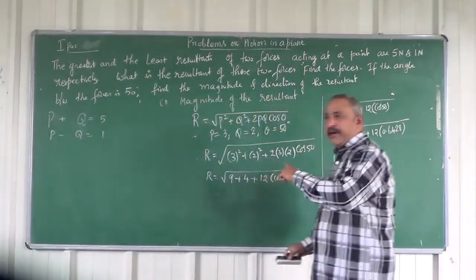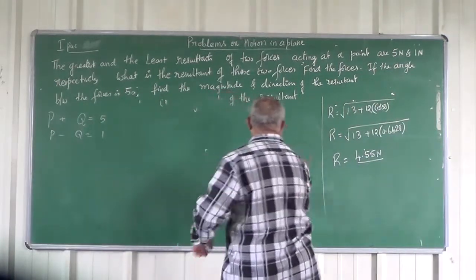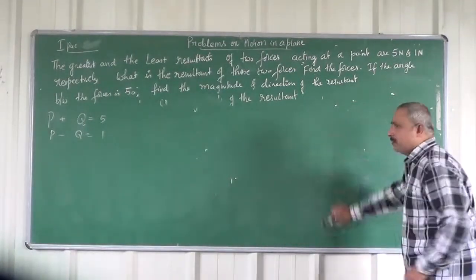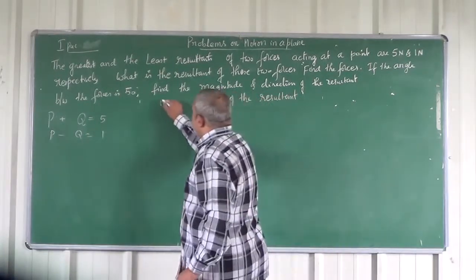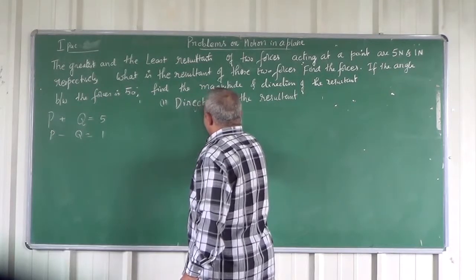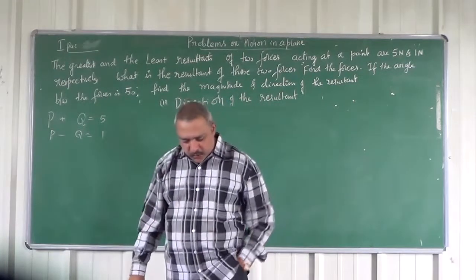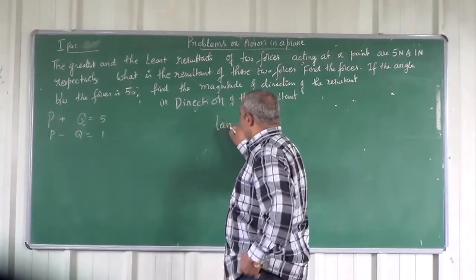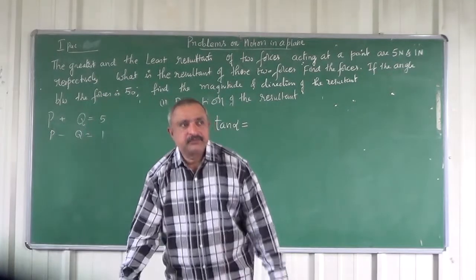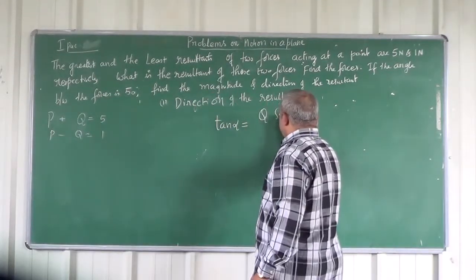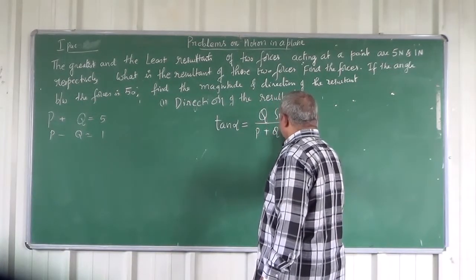Now what is the next thing you need to find in this problem? Direction of the resultant. The direction formula is tan alpha is equal to Q sin theta over P plus Q cos theta.